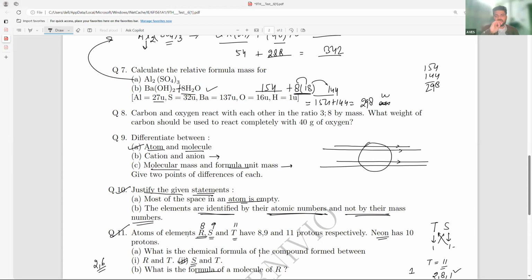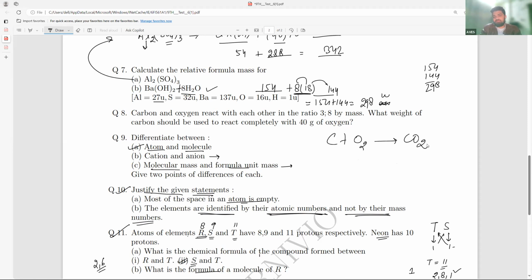Carbon reacts with oxygen. Oh, we have left this question. What's the answer for carbon when it reacts with oxygen in a ratio? Here is one important question that is remaining. Carbon and oxygen react with each other in a ratio. When they react together, they form carbon dioxide.